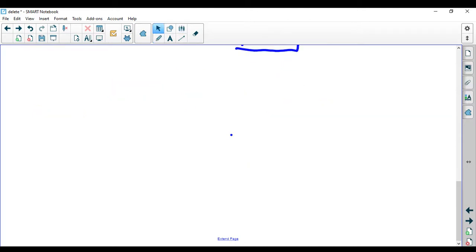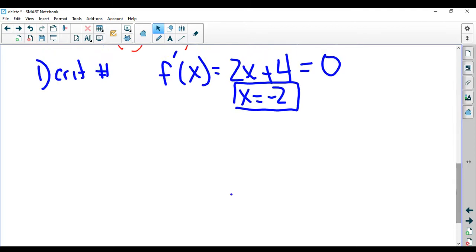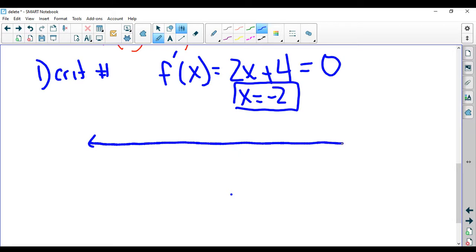So, to test if it changes or not, you make up a chart. And the chart will just consist of, at the top, basically a number line, all values of x. -2 you can put wherever you want. I'm going to put it right here. So I like to write my critical numbers up here on top of the chart.